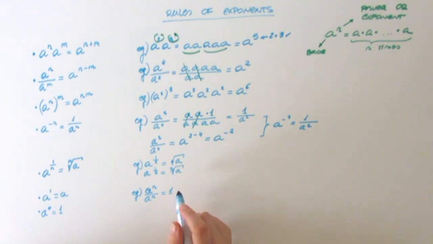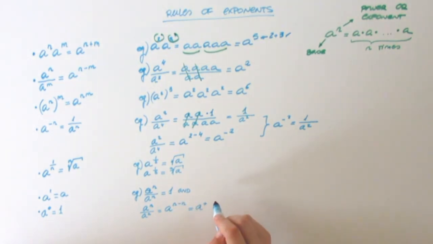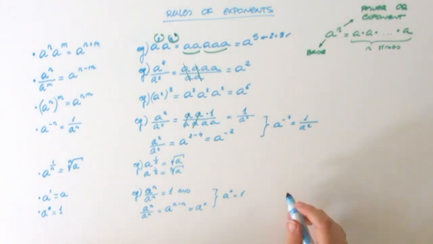Well, they are the same number, so that division is 1. And at the same time, if I apply the rules of exponents, n minus n gives me 0, a to the power of 0. Again, these two things have to be the same, so a to the power of 0 is 1.